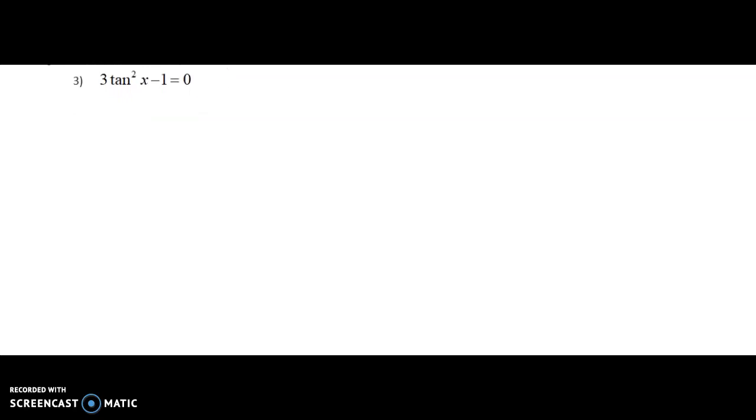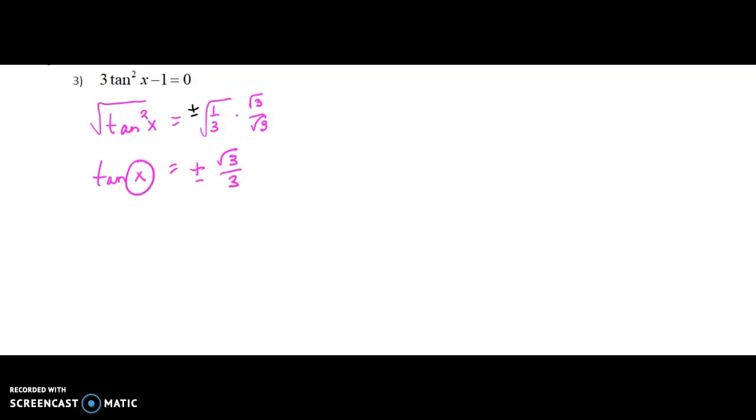And the next one, we'll add 1, divide by 3. So we'll end up with tangent squared x is equal to positive 1/3. Square root. So now we're down to tangent of x equals, and don't forget, plus minus is so important, or you skip half of your answers. We know we're not allowed to leave square roots in the bottom of a fraction, so we may as well multiply by square root of 3 over square root of 3. So we get plus minus square root of 3 over 3.